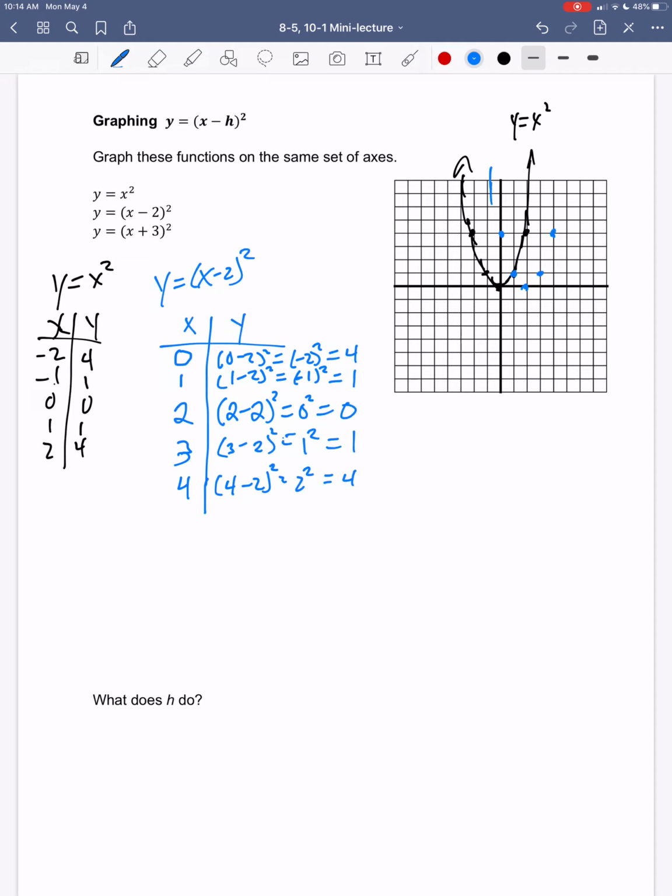I still get a parabola through them. But the whole parabola has just shifted to the right. I went from a vertex of 0, 0 to a vertex of 2, 0.